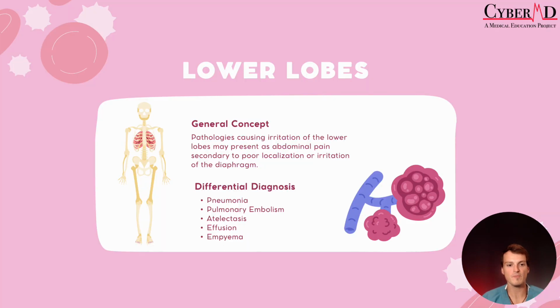Next is going to be lower lobes, and so we're in the L of PALM, of our BAD PALM COLT mnemonic. This is just to remind you that lower lobe pneumonias, lower lobe PEs, empyemas, effusions, atelectasis, all of these things, even though they're in the lower lobe of our thoracic cavity, can be described as abdominal pain.